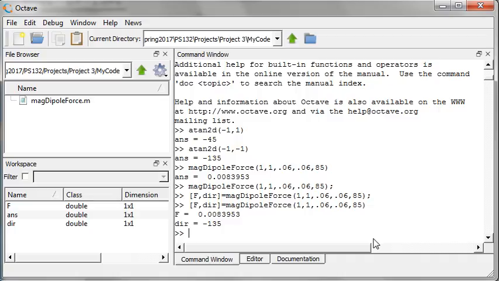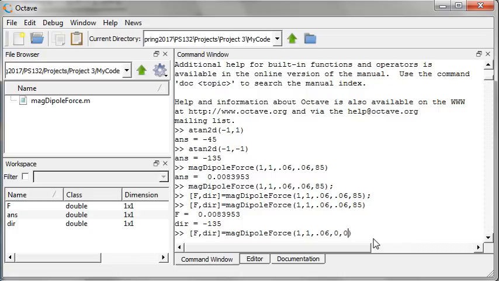So I'm going to put the magnet at a place where I expect attraction. I'll leave those the same. I'm going to put it on the x-axis, 6 centimeters over, so this will be 0.06 and 0. So this is to the right.